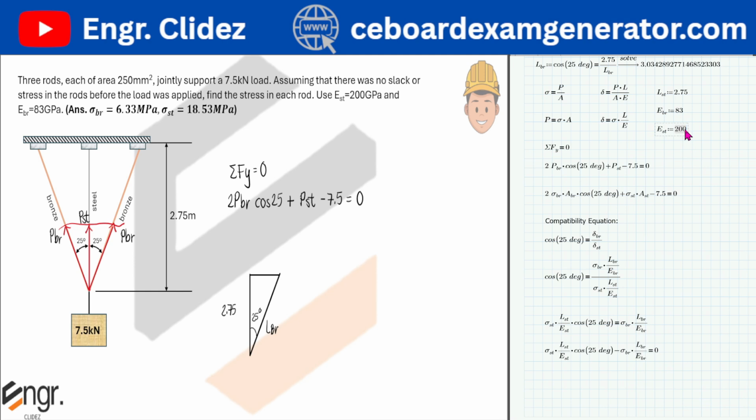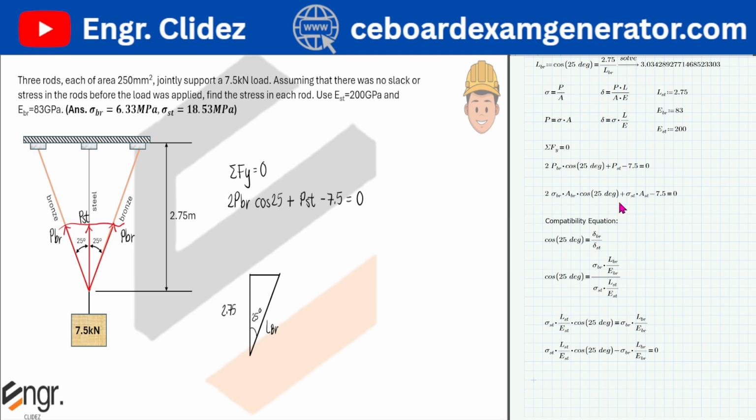Since this unit is in gigapascals and the length is in meters, we need to convert the lengths into millimeters. We multiply by 1000, and for the modulus of elasticity, we also multiply by 1000. Notice that these terms will just cancel, so we can just remove this one. I'm just explaining why we aren't converting these values.